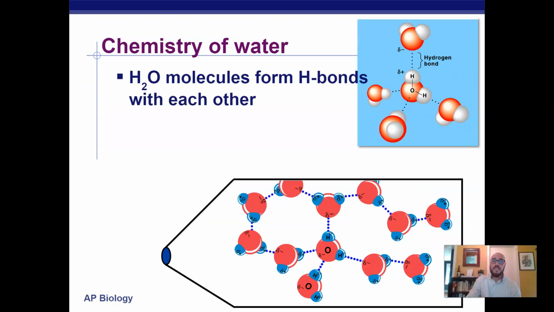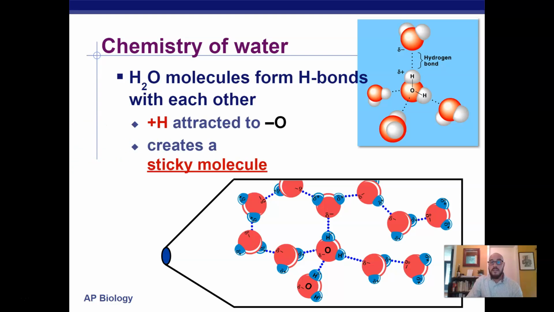So, fundamentally, the chemistry of water is the fact that the oxygen in water has a higher electronegativity than the hydrogen in water. That means that the oxygen in water is going to be stealing the electrons for more of the time from the hydrogen, and the hydrogen is going to be left out there like, man, I wish I had my electrons, but I guess I'll let oxygen have them more because he really wants them a lot more.